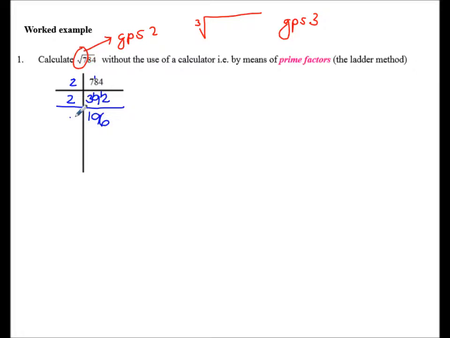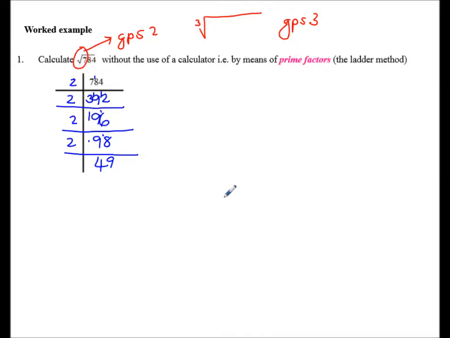Still an even number, so I'm going to divide 196 by 2. 2 can't go into 1. 2 into 19, 9 2s are 18, remainder 1. 2 into 16 goes 8. Still an even number. 2 into 9, 4 2s are 8, and 1 is 9. 2 into 18 goes 9. It is no longer an even number.